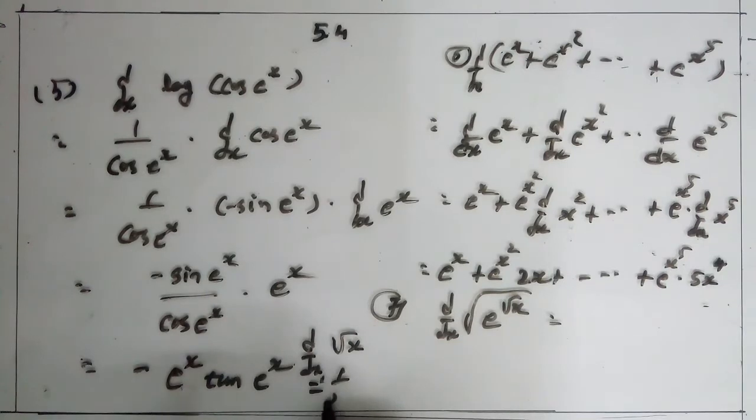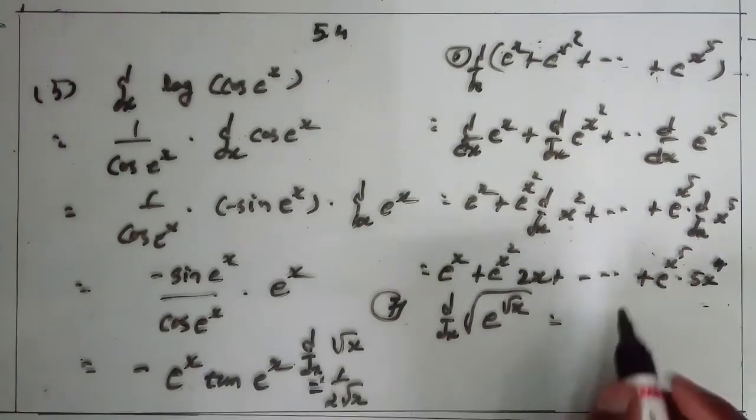It is 1 upon 2 root x, because root x is x^(1/2), which gives 1/2 into x^(1/2 - 1), that is x^(-1/2), and x^(-1/2) is equal to 1 upon root of x. So the derivative of this term becomes 1 upon 2 root x.